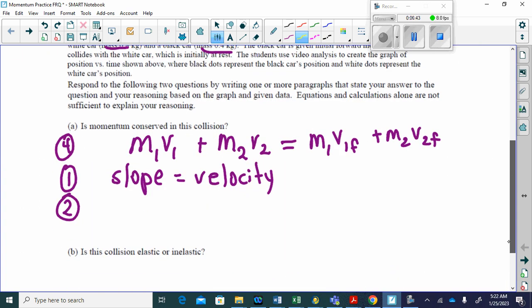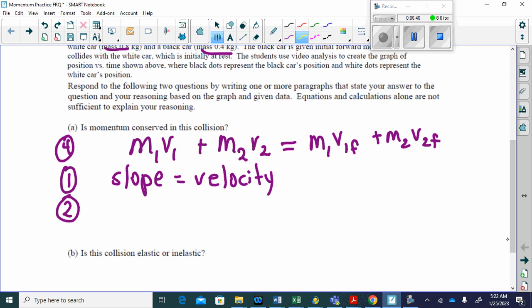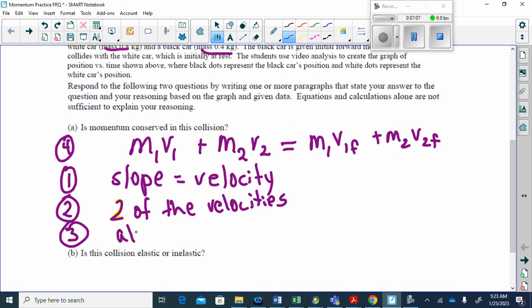So the second point was stating two of the velocities. And the third point was stating all 4 velocities.